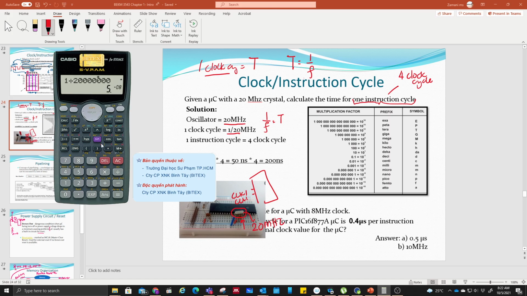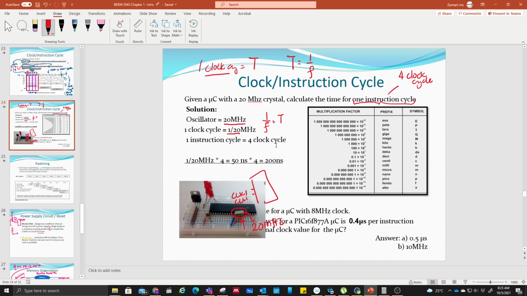Based on this one clock cycle, you multiply by 4, then you get 2 times 10 to the power negative 7. Negative 7 is still not here, but you can click the engineering button over here, which gives 200 times 10 to the negative 9. Negative 9 is this one. So this is correct, this is nano. So this is going to be 200 nanoseconds.